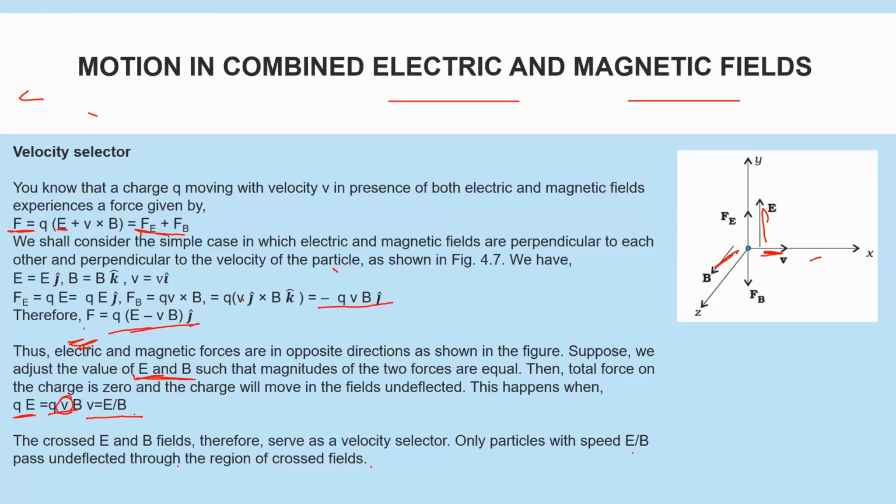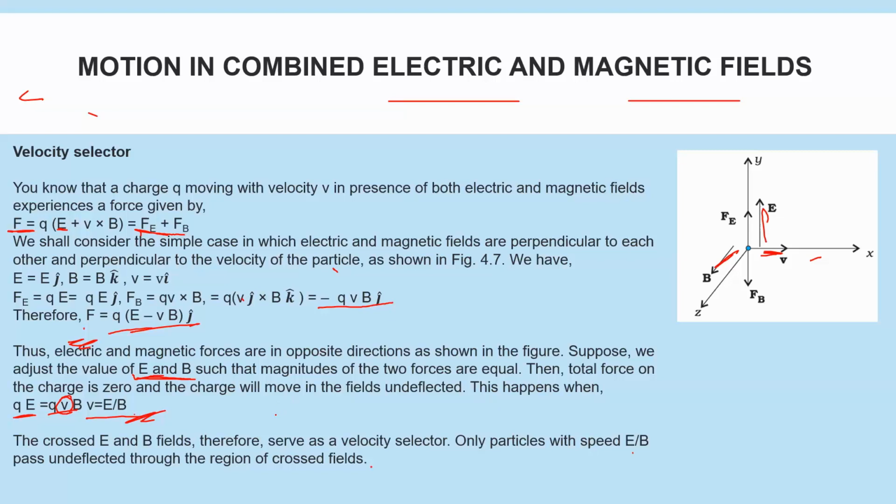J.J. Thomson used this method to measure the charge to mass ratio of an electron. So that is one of the uses of such a condition. This is also used in the mass spectrometer, where you can separate charged particles based on their charge to mass ratio.